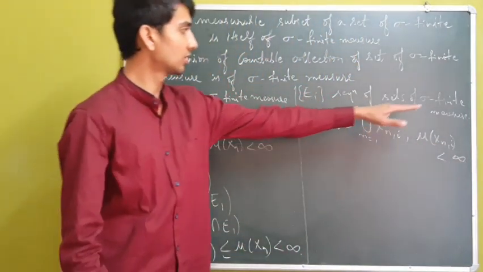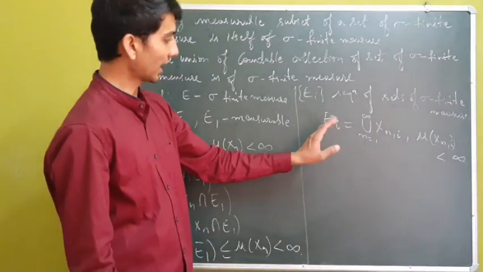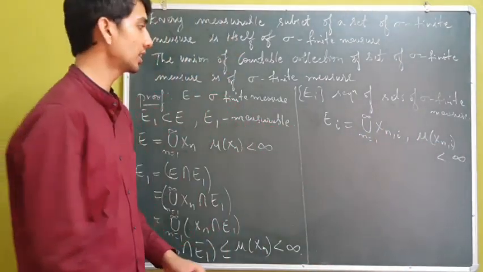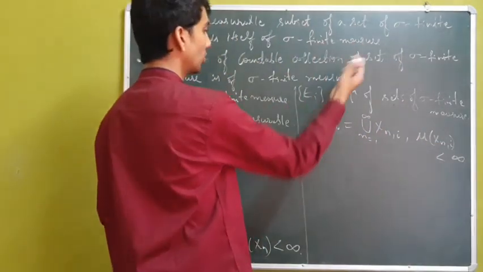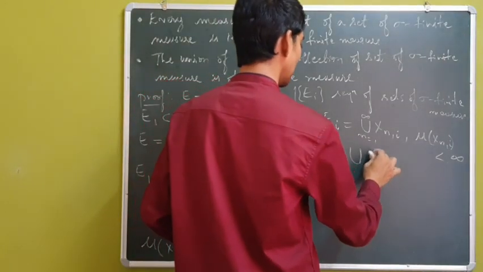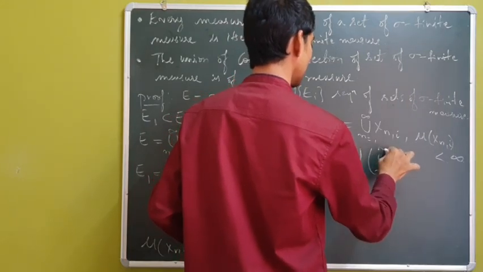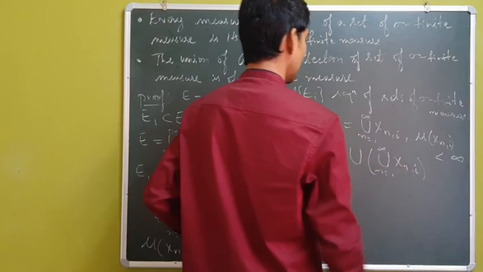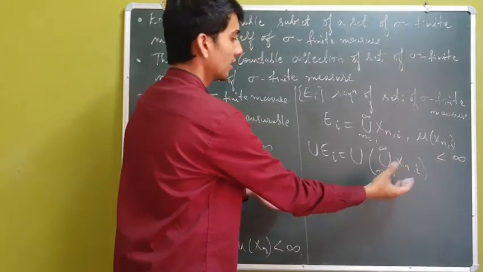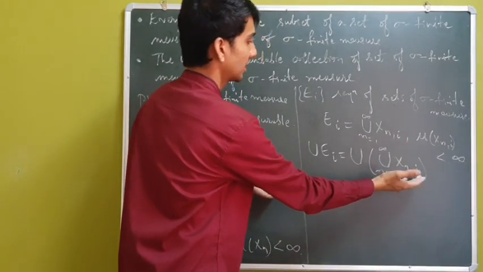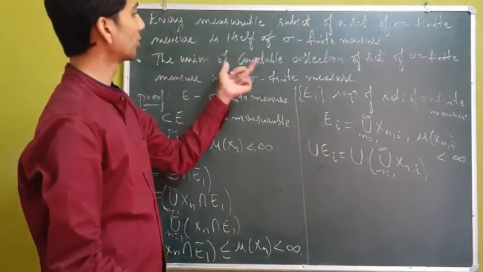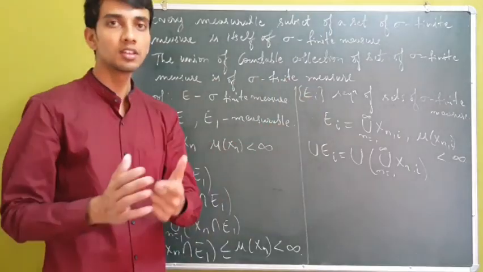Given that each Ei is the union of some sets of finite measure, the union of Ei's is nothing but the union of these sets. Since I have expressed the union of Ei's as a countable union of sets where again the measure of these sets is finite, clearly the countable union of sigma finite measure sets is of sigma finite measure.